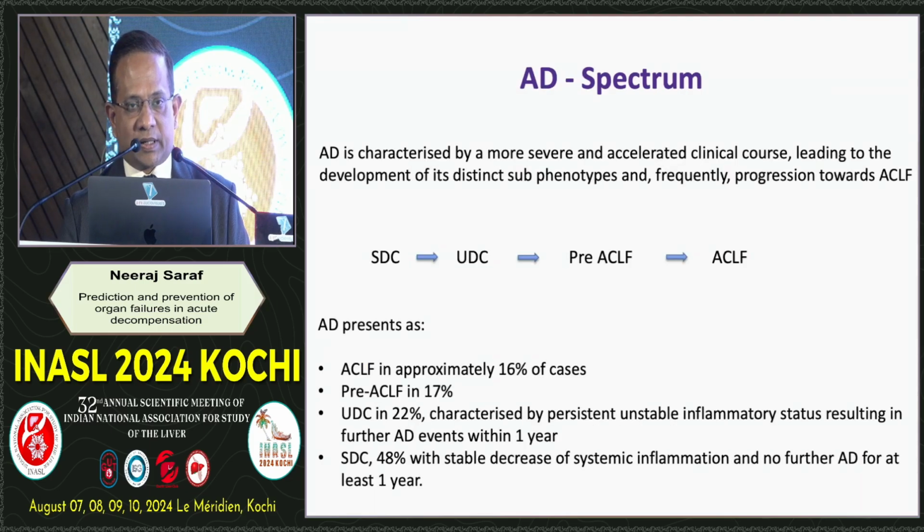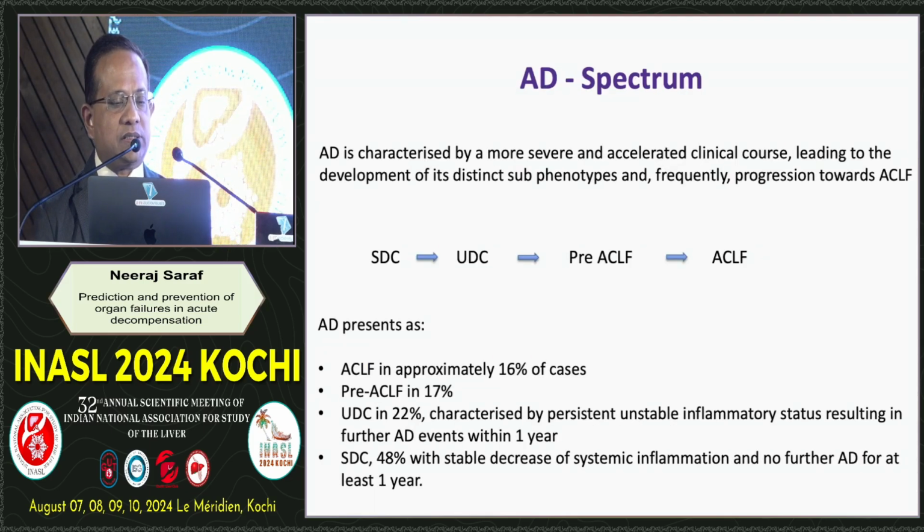So this is the spectrum of acute decompensation. So you have stable decompensated cirrhosis, you have unstable decompensation, you have pre-ACLF and ACLF. So organ failure or ACLF is the extreme spectrum of acute decompensation. Now, how does acute decompensation present?